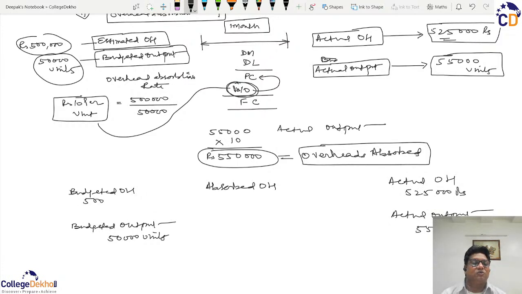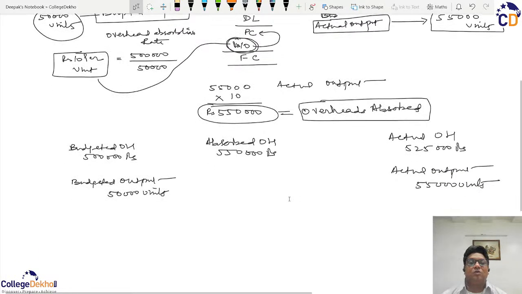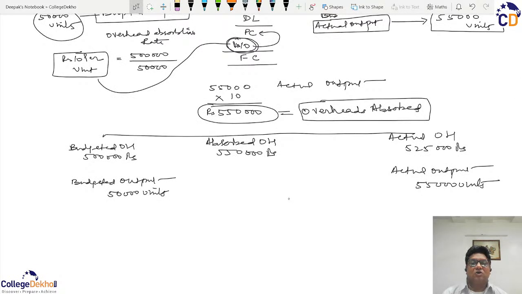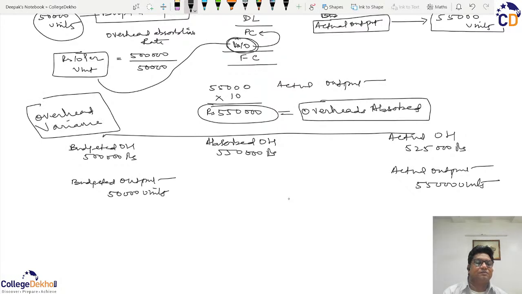The plan was to spend rupees 5 lakh, but on the basis of the predetermined absorption rate, we have charged 5,50,000 to the cost accounts. So this difference in what you planned, what you incurred, and what you absorbed gives rise to the concept of overhead variance.